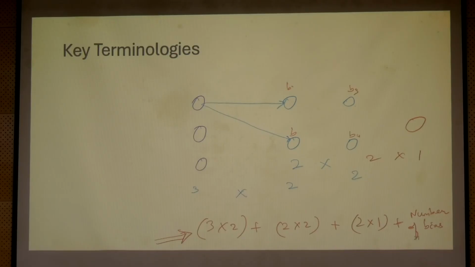Okay? So 6 plus 4, 10 plus 2, 12 plus 4. 16 unknowns to do a curve fitting of mapping 3 inputs to 1 output.